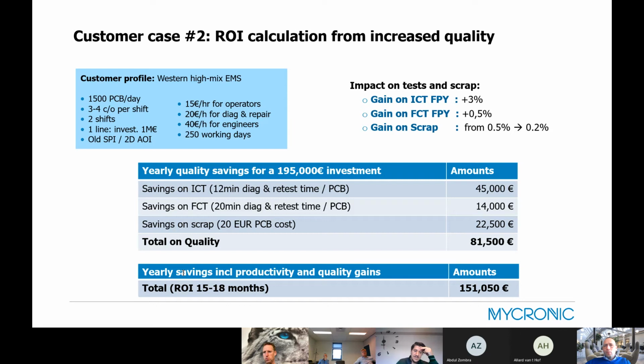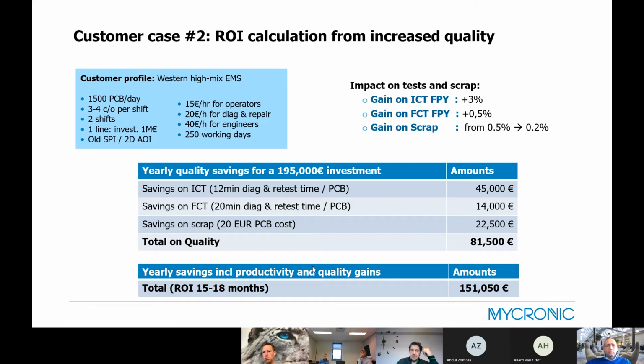And then this result by 20 euros per hour, because this is also not done by the operator, but by somebody who is doing the repairs and so on. And then we end up at these numbers. So 45,000 euros savings per year.